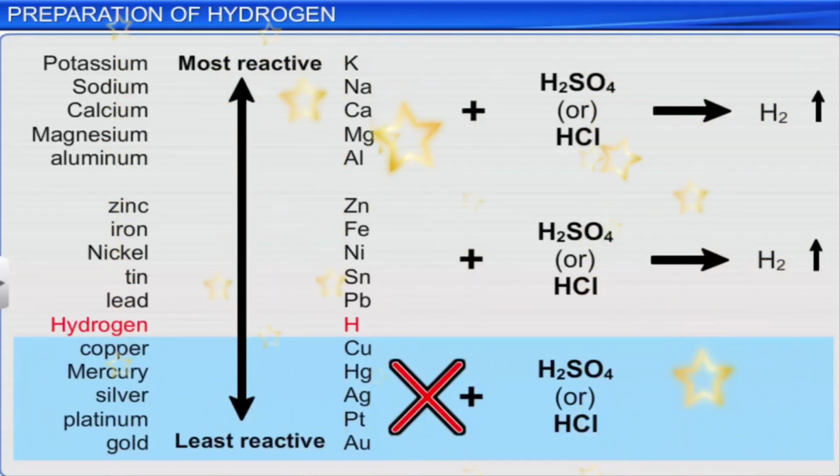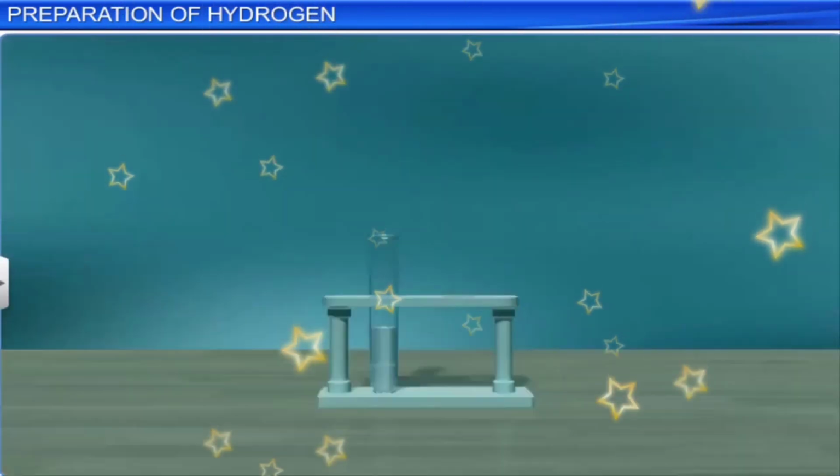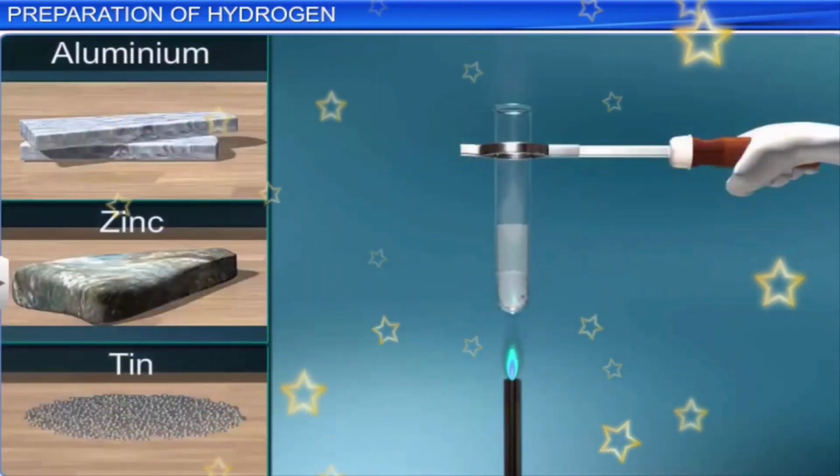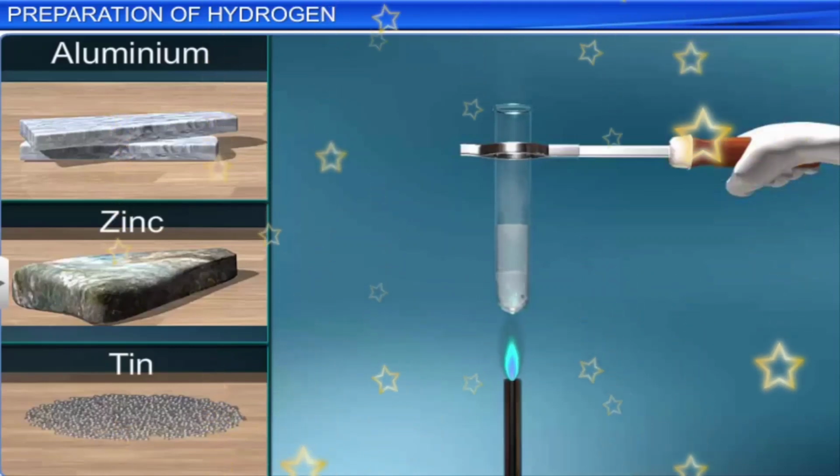The action of acids on metals is not the only way to obtain hydrogen from metals. You will now learn about the preparation of hydrogen by the action of alkalis on metals. There are certain metals that liberate hydrogen when they are boiled with concentrated alkali solutions.